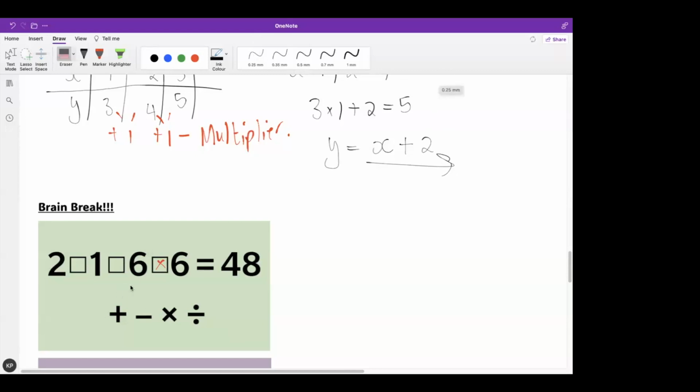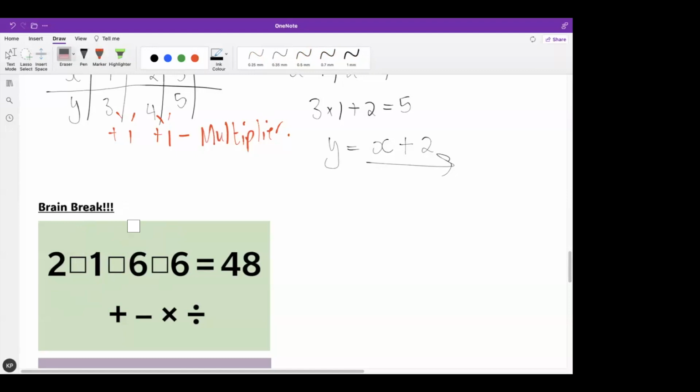Someone says negative plus times. Okay, let's see. Negative plus and times. Okay. So 6 times 6. 2 minus 1. 1 plus that is 37, guys. Yes, you are allowed to use 2 of the same symbols. You may do that.